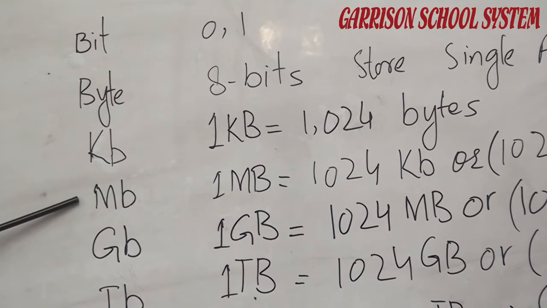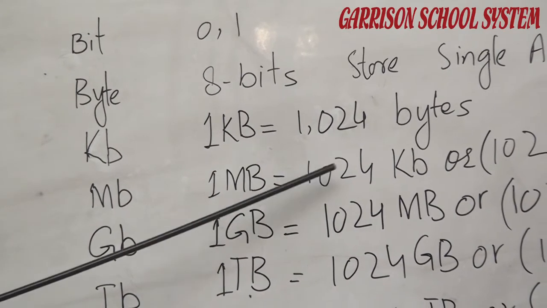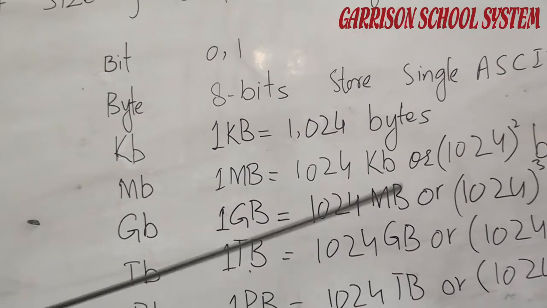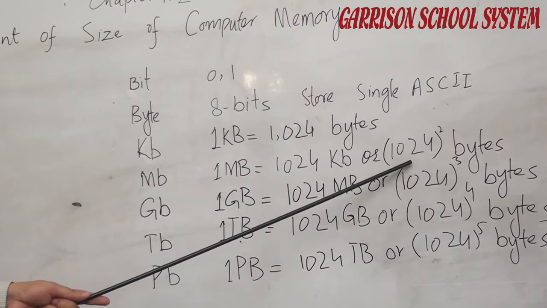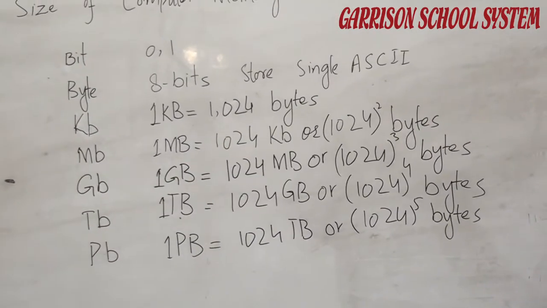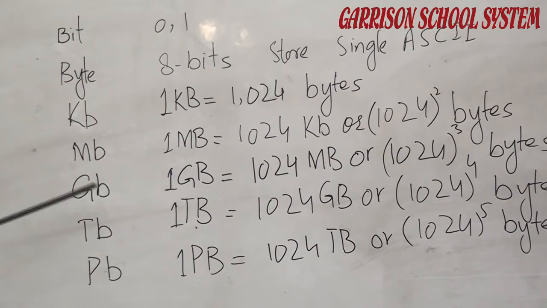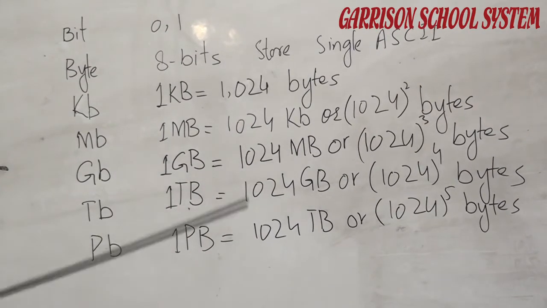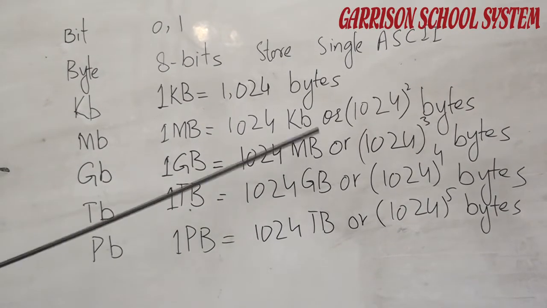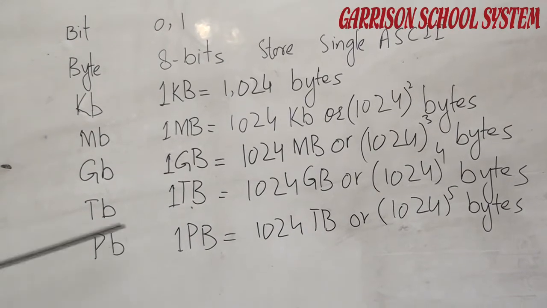Now MB, megabyte. 1 megabyte is equal to 1024 KB, or 1024 to the power 2 bytes. GB, gigabyte, 1 gigabyte is equal to 1024 MB, or 1024 to the power 3 bytes.